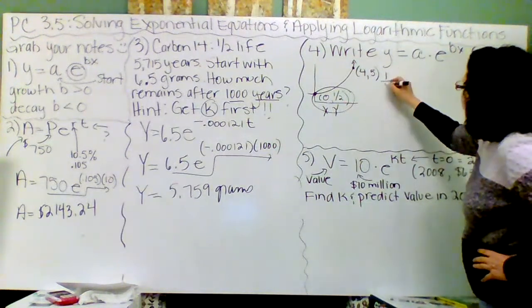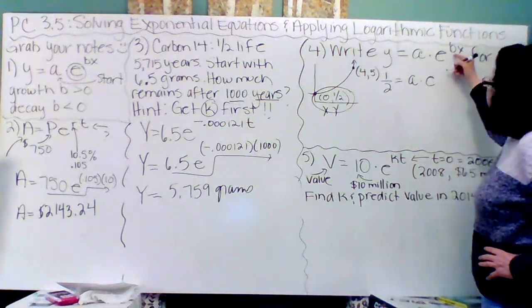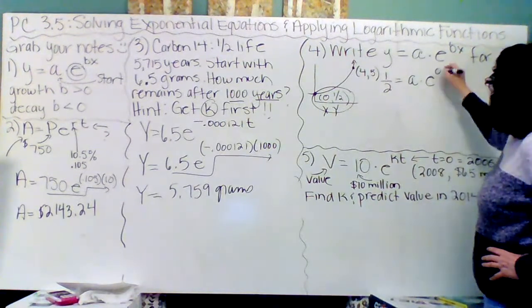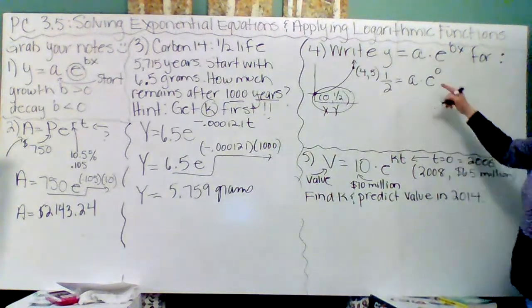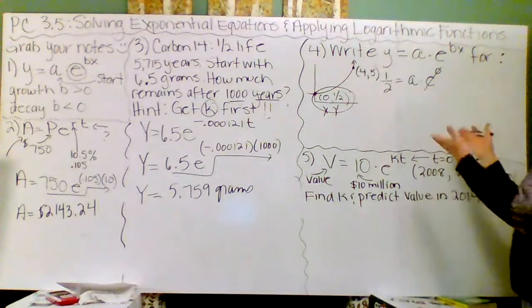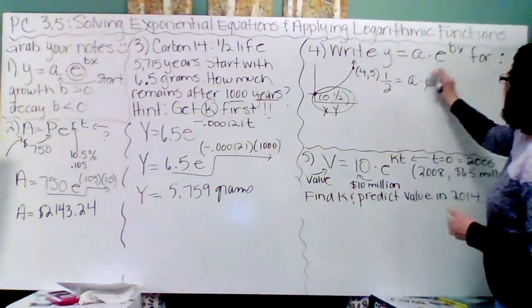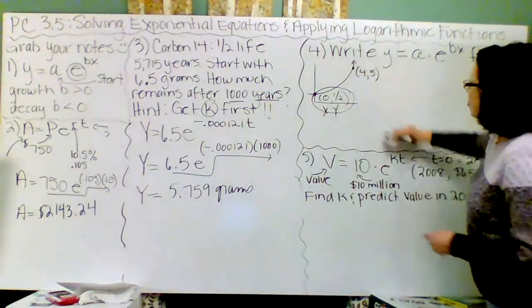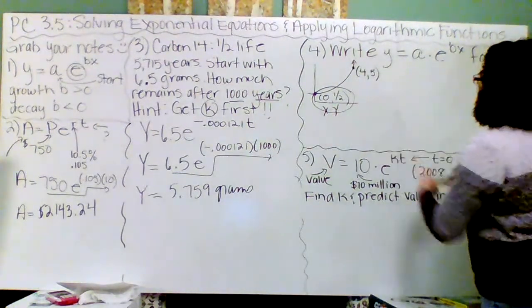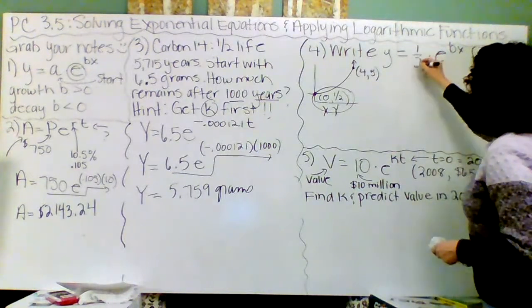So 1/2 equals A times E, and then my X is 0. Notice that E to the 0 is 1, and it says right there that my A is 1/2. So you don't have to do any real math. If you see a point that is obviously at time 0 starting, then you can just put your 1/2 in there.